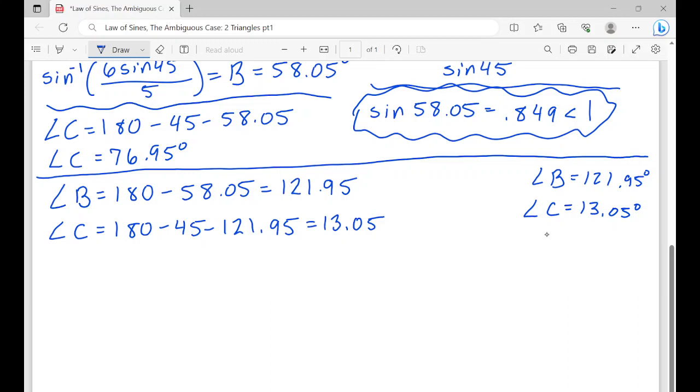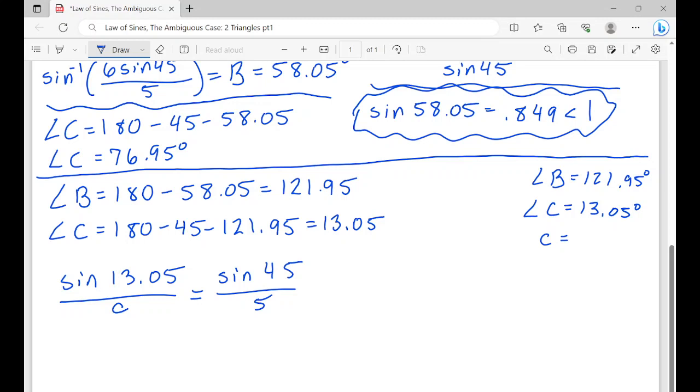Now I still need to find side C for this triangle. Well, we're in the video for law of sines, so let's use law of sines. Sine of 13.05 divided by C, which we're going to find out, equals, and I'm going to use A again, sine of 45 over 5. Solve for C, which is going to be multiply the 5 over, divide the sine 45 over, and multiply the C over.